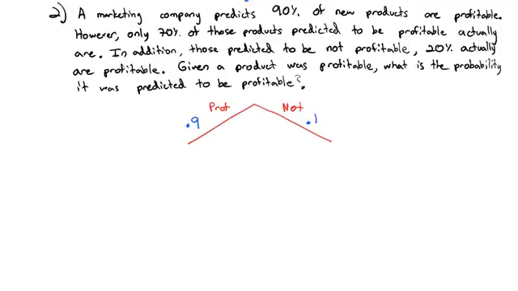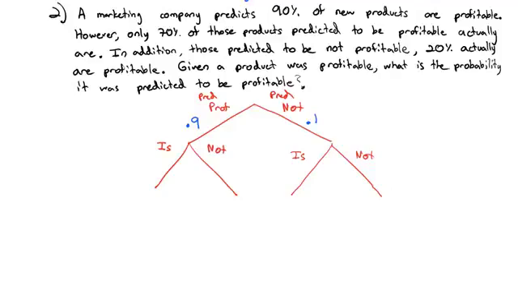And that's a prediction of profitable and a prediction of not being profitable. Because then the next branch, we're going to look at it actually is profitable or it's not profitable. Were they right or wrong?